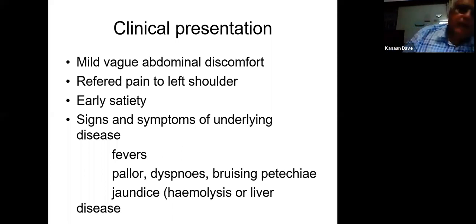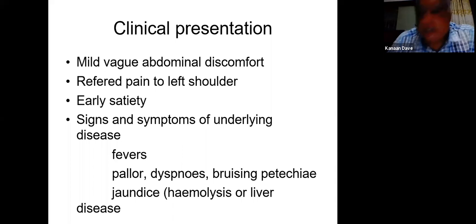So there will be other signs and symptoms that you need to elucidate, which will help you come to a diagnosis. So a good physical examination is important when you elucidate a massively enlarged spleen.